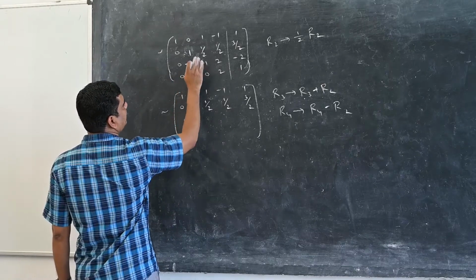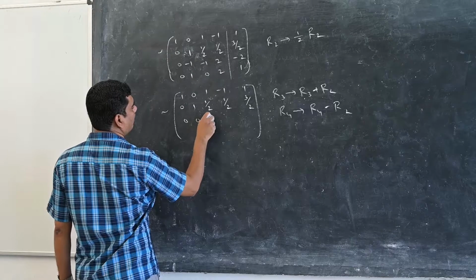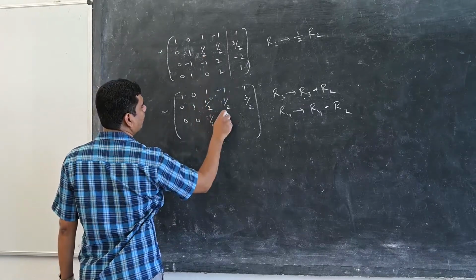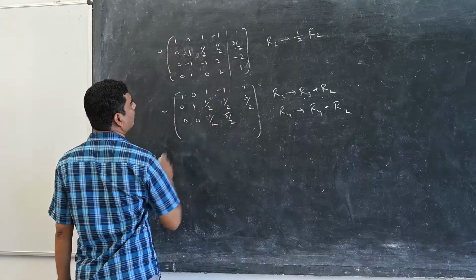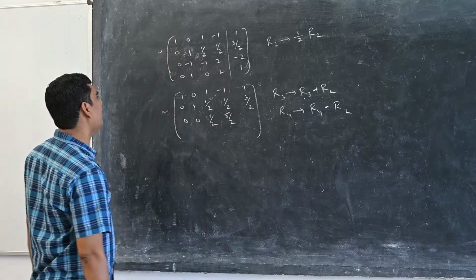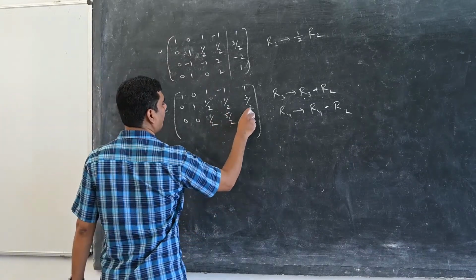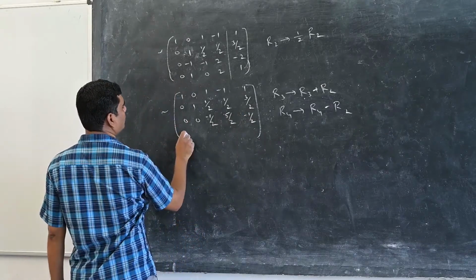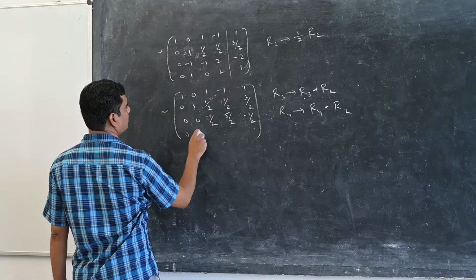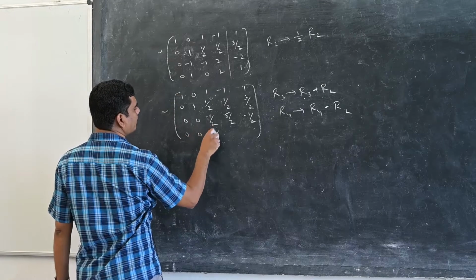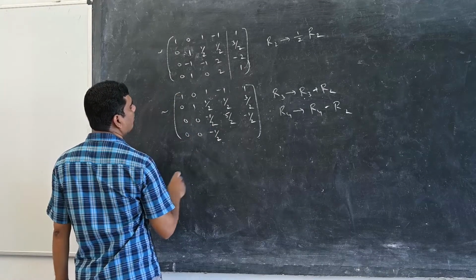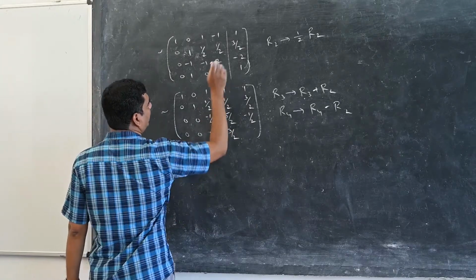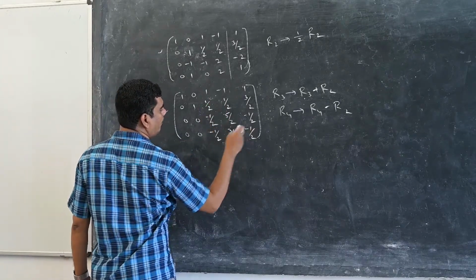R3 plus R2 gives 0, 0, minus 1 plus 1 by 2, which is minus 1 by 2, 2 plus 1 by 2, which is 5 by 2, minus 2 plus 3 by 2, which is minus 1 by 2. R4 minus R2 gives 0, 0, 1 by 2, 3 by 2, minus 1 by 2.